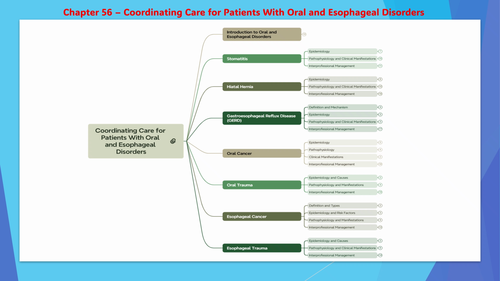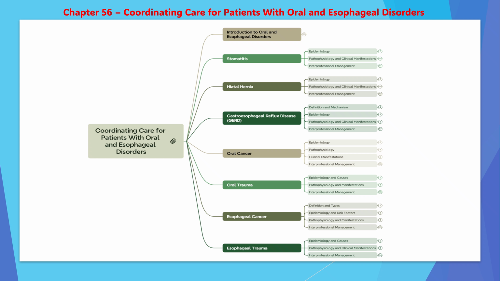So Chapter 56: the oral cavity and esophagus are integral parts of the gastrointestinal, the GI system, responsible for mechanical and chemical breakdown of food, speech, swallowing, and initial digestion. They play critical roles in digestion, speech, and overall quality of life. Disorders affecting those structures can impair nutrition, communication, and social functioning.